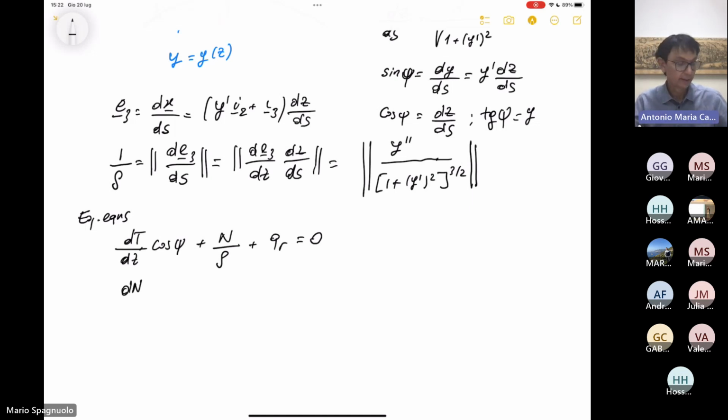Then dN over dz times cosine of psi, minus T over rho.